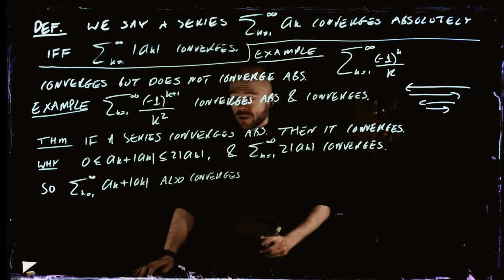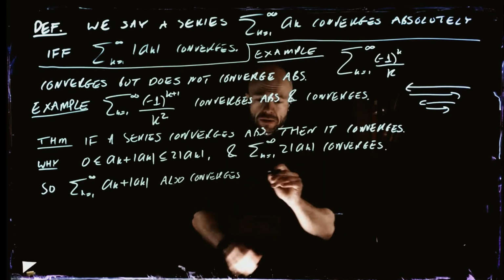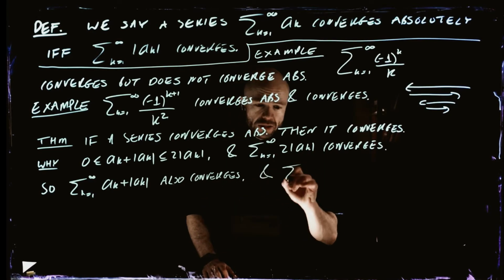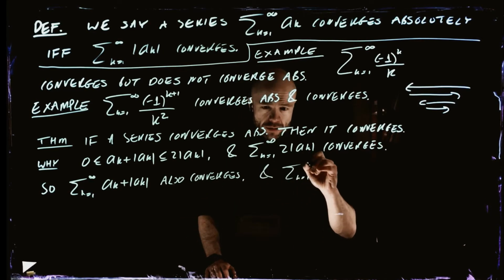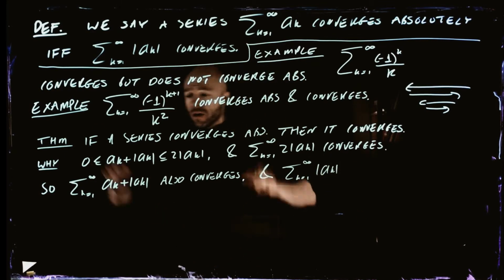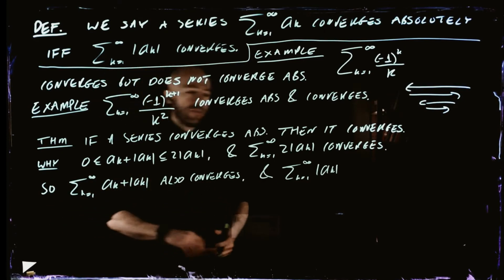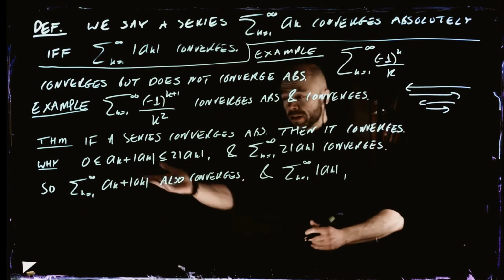So we have this series that converges. And we also know that this series, once again, converges because that's what we're given, that the series converges absolutely. So the actual series we're interested in, the sum from k equals 1 to infinity of a_k, is just the difference between these two.